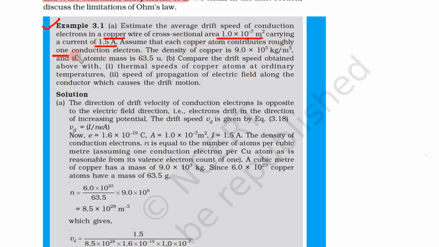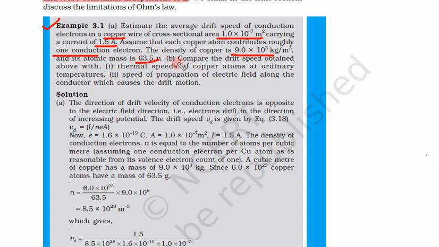So again they are saying the same. Each copper atom is giving only 1 electron, which is the 4s1 or last electron. The density of copper is this. So this is the density of copper metal, normal mass density, 9 into 10 to power 3 kilogram per meter cube, and atomic mass is 63.5 u.